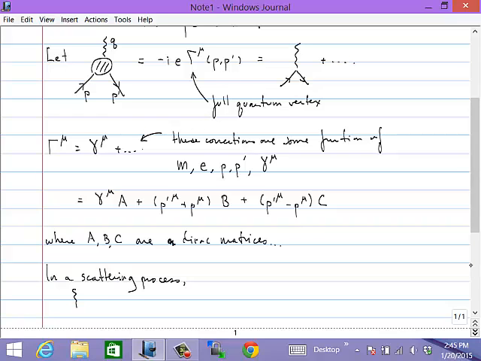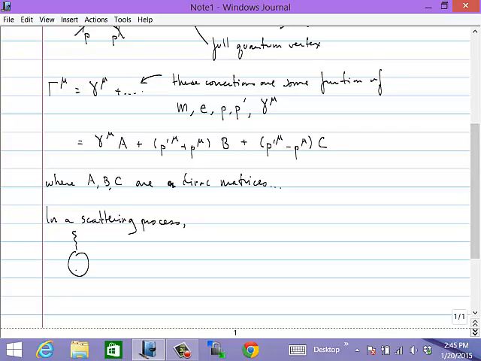So in any scattering process, so this was p and this was p prime, we actually have to contract with the external spinors. So I'll let u of p prime denote the spinor associated with the outgoing electron, and u of p be the spinor associated with the incoming electron on the left. And then in any scattering process, you actually end up not with Gamma mu, but with the matrix element of Gamma mu between those two four-component spinors.